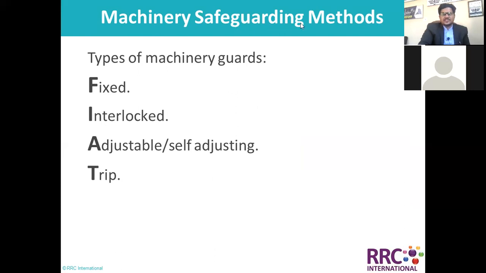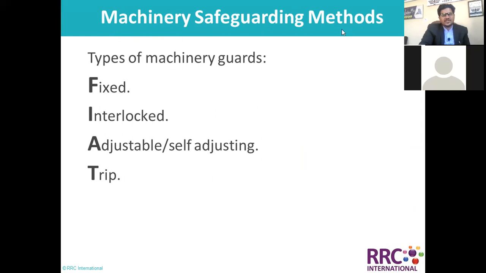Now, what are the machinery safeguarding methods? There are 4 methods: fixed, interlocked, adjustable like self-adjusting, and trip. Fixed, interlocked, adjustable and trip.